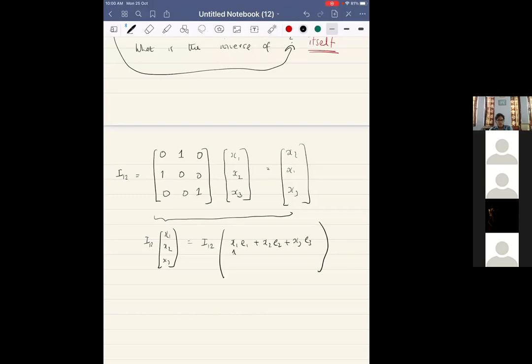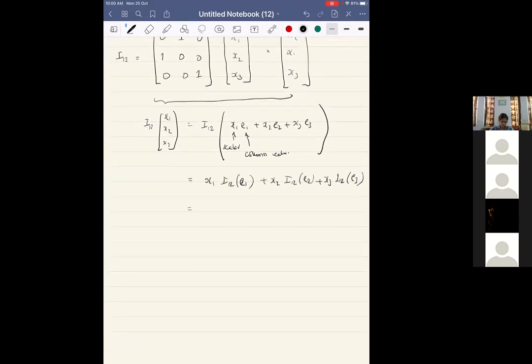Here x1 is a scalar and E1 is a column vector. Do you agree with this, everybody? Shakti, do you agree with this? Yes, sir. Now I12 is linear, so this is x1 times I12 acting on E1 plus x2 times I12 acting on E2 plus x3 times I12 acting on E3.